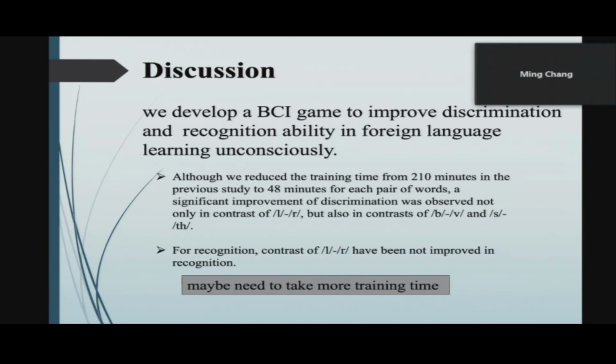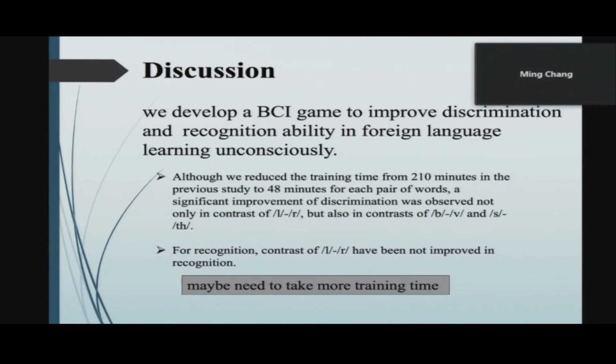This is the discussion. In this study, we developed a BCI game to improve listening ability in foreign language learning. Our results showed a significant improvement of discrimination was observed not only in the contrast of L, R, but also in the contrasts of B, V and S, TH.